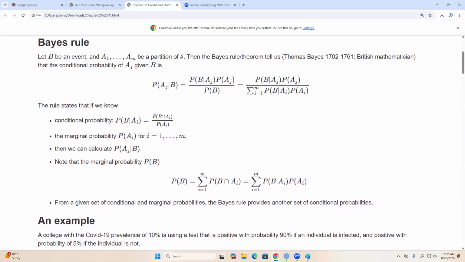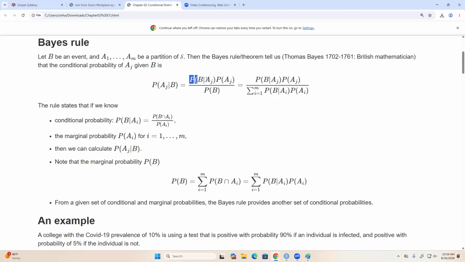In the Bayes formula, the conditional probability of A_j given B was given. In our context now, B is your observed data and A_j is analogous to the unknown parameter theta.